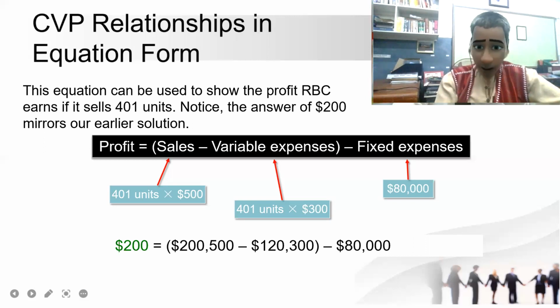If you multiply 401 times 500, that is 200,500. 401 times 300, that is 120,300. And if you subtract that, we need again to subtract 80,000 from the result, and the answer would be 200. Is it clear? This is our example. You have to look back at the table to find out these values.